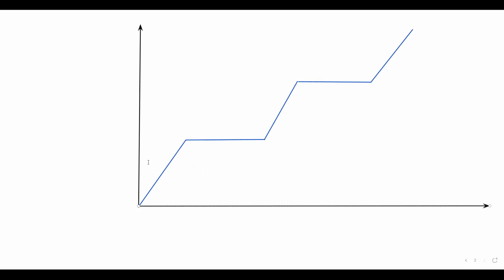So we have positions A, B, C, D, and E. On the y-axis, we have temperature. On the x-axis, we have time. And the numbers are also there.